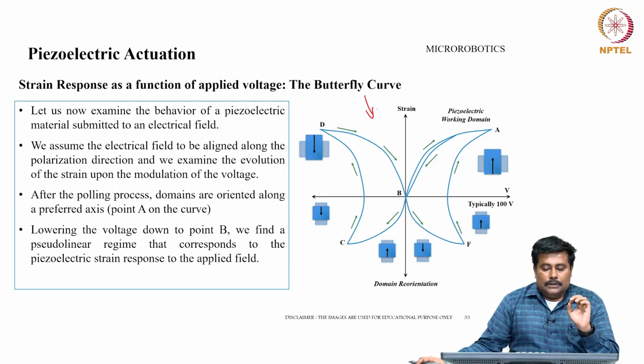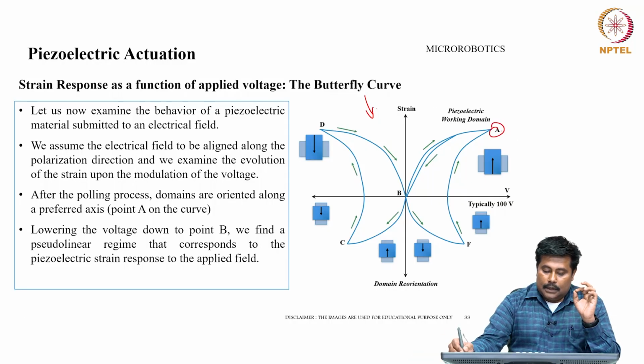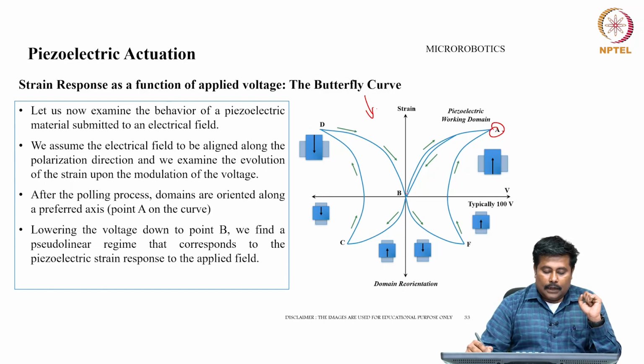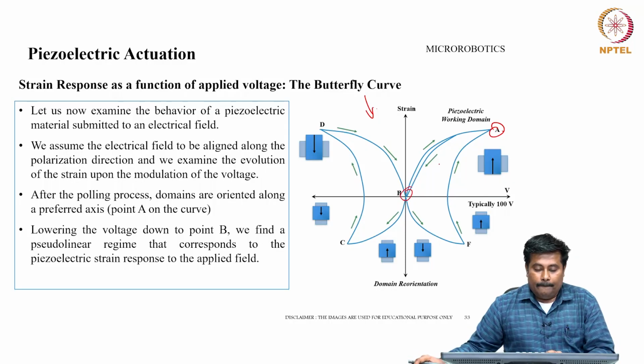After the poling process, domains are oriented along a preferred axis, point A on the curve. Lowering the voltage down to point B, we find a pseudo-linear regime that corresponds to the piezoelectric strain response to the applied field.